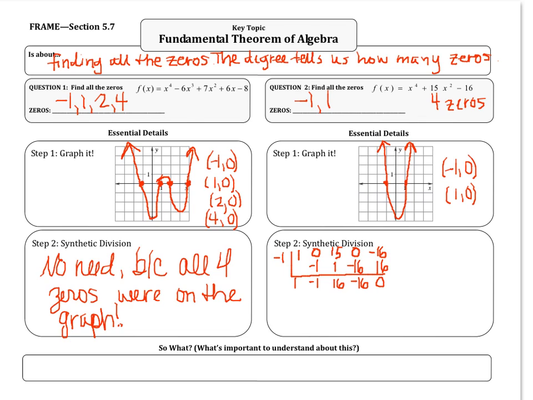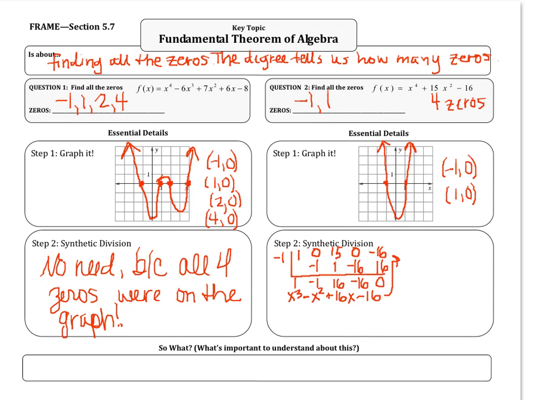So I now have the expression. If I drop my exponent down 1, I start with x to the 3rd. Now I'm going to have 1x to the 3rd minus 1x squared plus 16x minus 16 is my constant. So there's my new expression. I need to do synthetic division one more time because I know positive 1 is another 0.